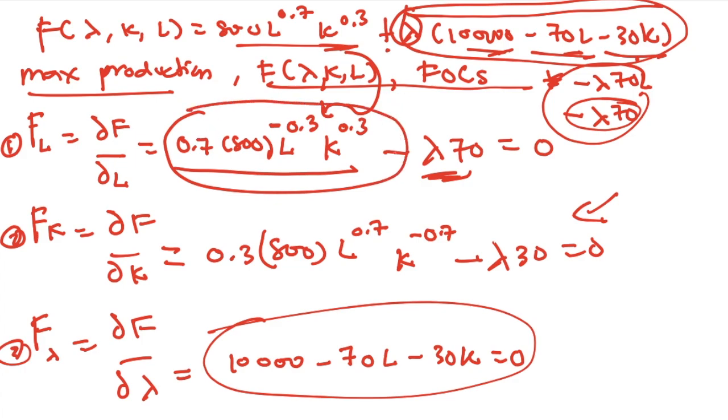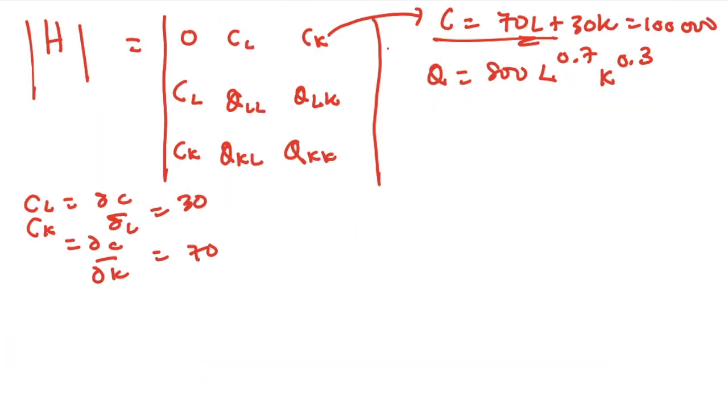So this bit before the minus sign is actually Q subscript L. In order to get QLL, you differentiate this again with respect to L. When you differentiate this again, you get minus 168 times L to the power of minus 1.3 times K to the power of 0.3. Make sure you know how to get minus 168.